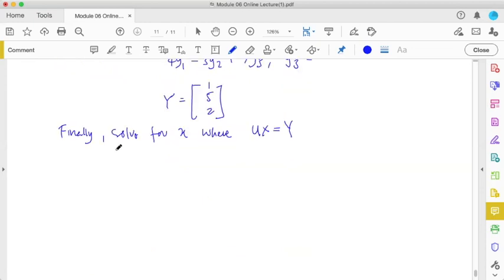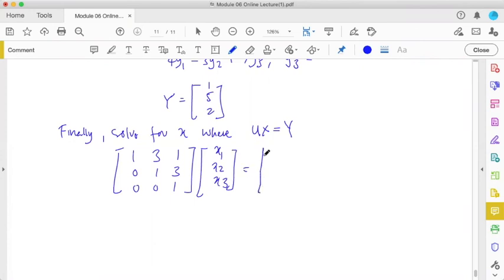So we take U as this matrix, and we multiply with X, where X is x1, x2, and x3. It is equal to Y, which is 1, 5, and 2.